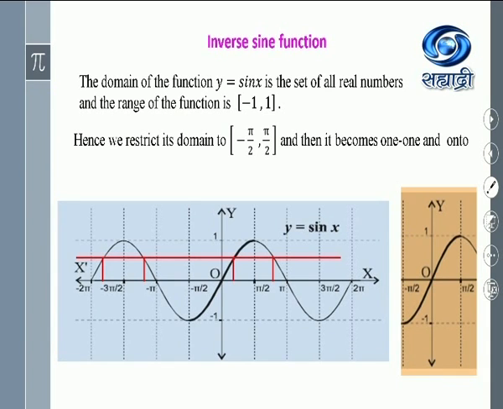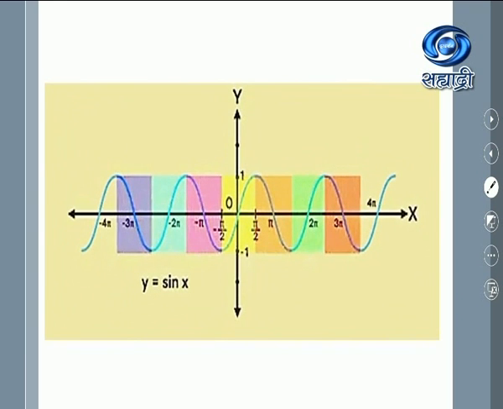But if you consider the next part, which is given in this form, we have the same graph in a different manner. Look at the strips which are colored violet, blue, yellow, etc. For each colored strip, see the nature of the graph.